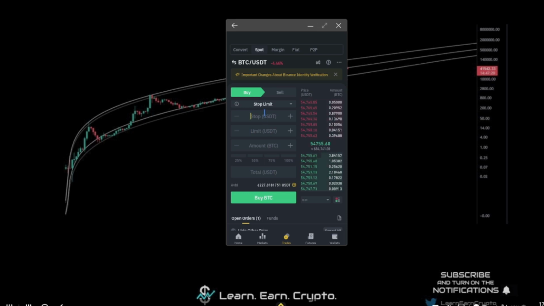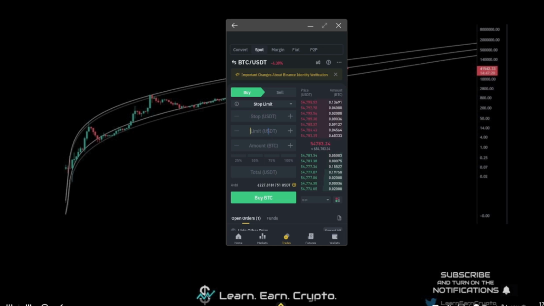The stop and limit price can be the same, but for buy orders, it is recommended to set your stop price slightly lower than limit price to reduce the risk of your order not being fulfilled.